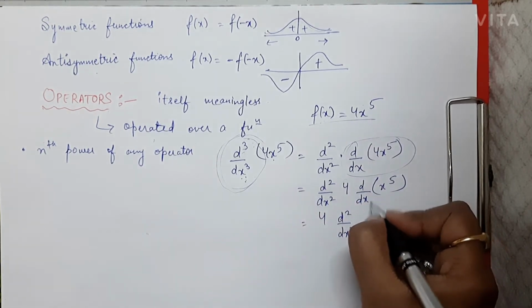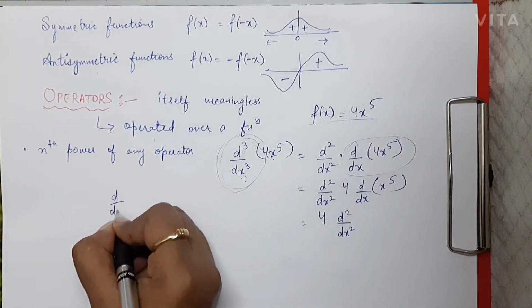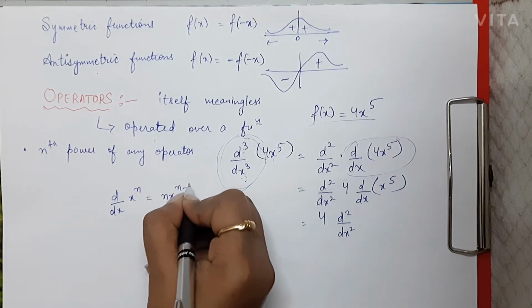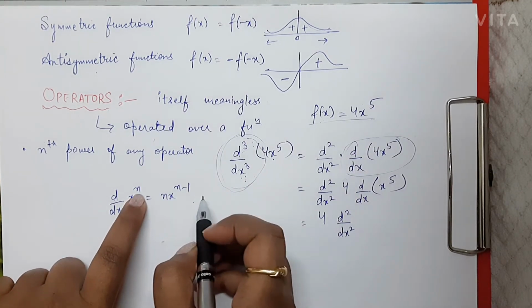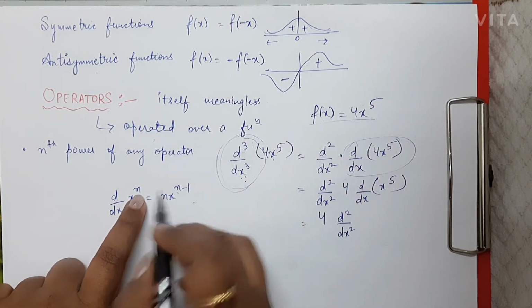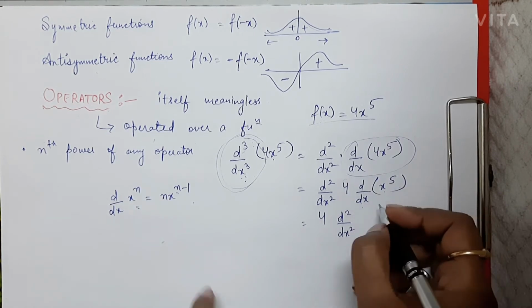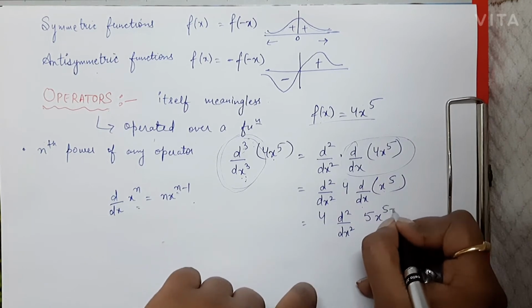Now d by dx of x to the power 5. So we know the formula, d by dx of x to the power n is equal to n x to the power n minus 1. Now here in this formula, instead of n, we have to substitute 5. So what we'll be getting is d by dx of x to the power 5 will be equal to 5 x to the power 5 minus 1.